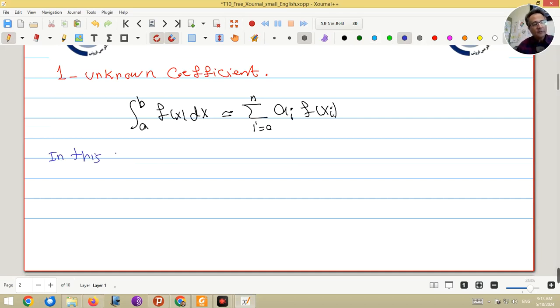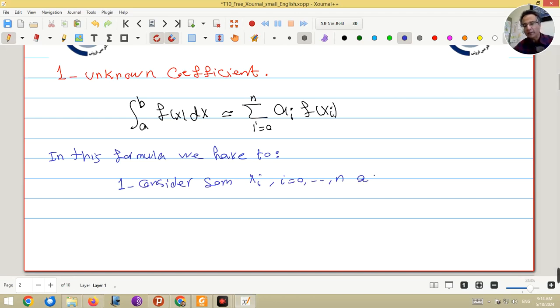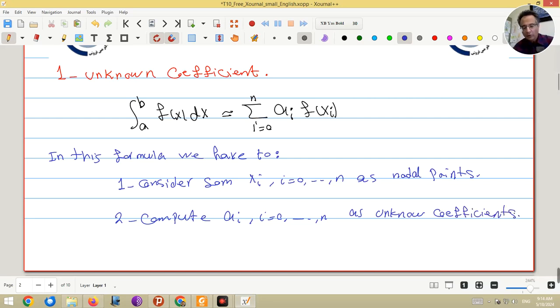So let me write. In this formula, we have to consider some x_i for i from 0 to n as nodal points, and then compute a_i for i equal to 0 to n as unknown coefficients.